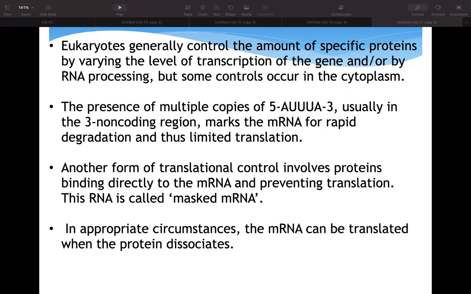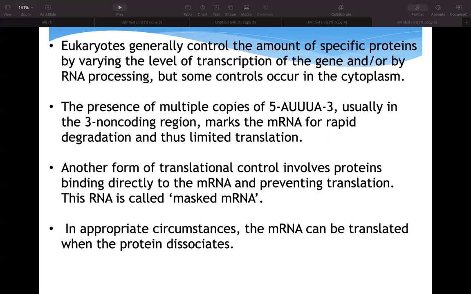The presence of multiple copies of 5' AUUUA 3' in eukaryotes is usually in a 3' non-coding region that marks the mRNA for rapid degradation, which causes limited translation, as mRNA degradation stops translation.